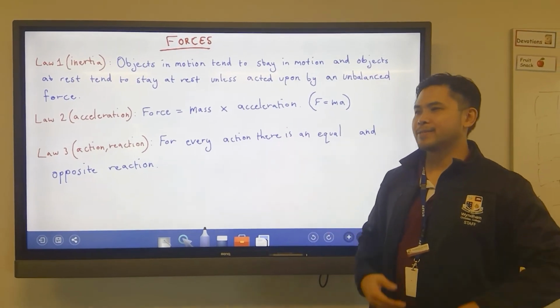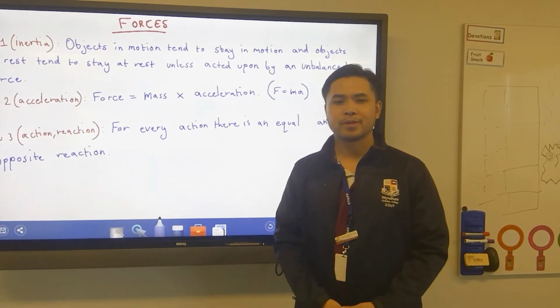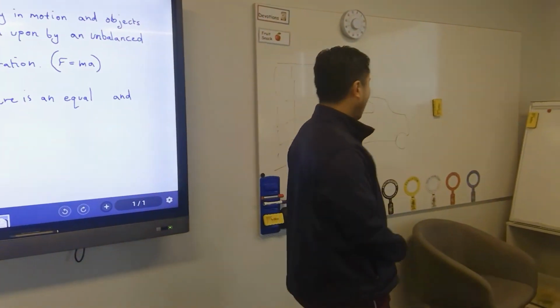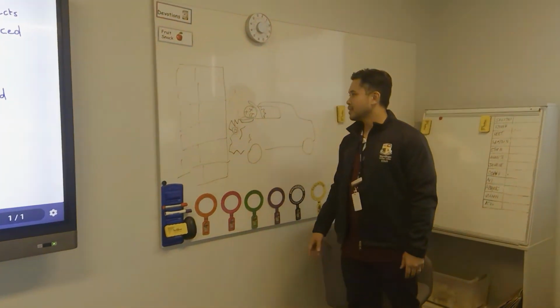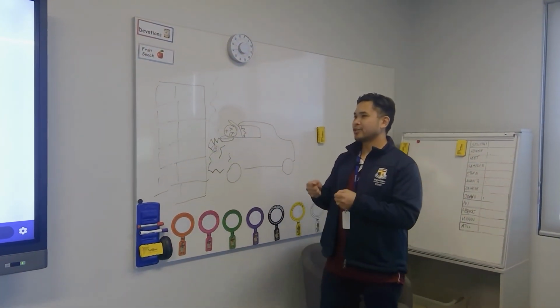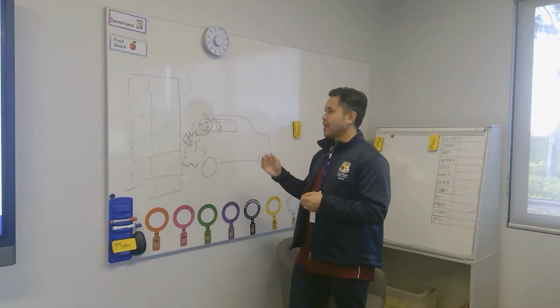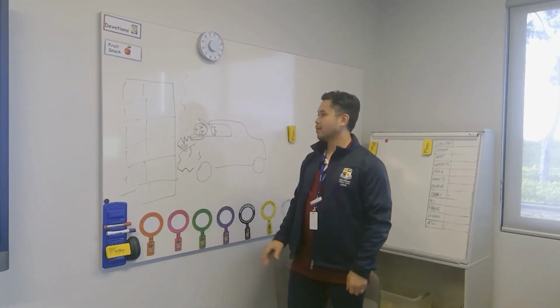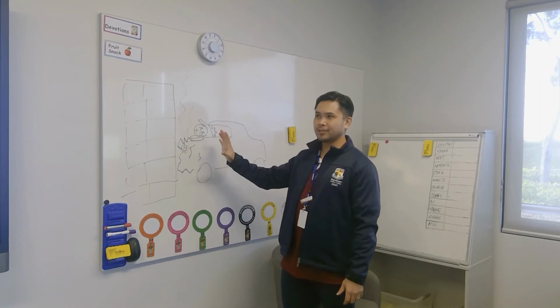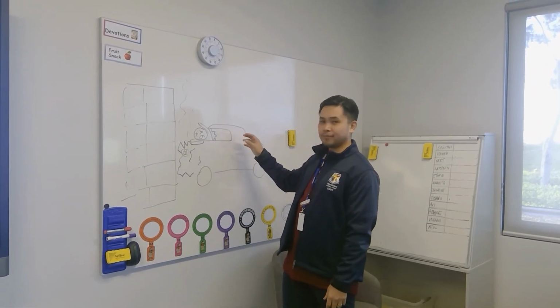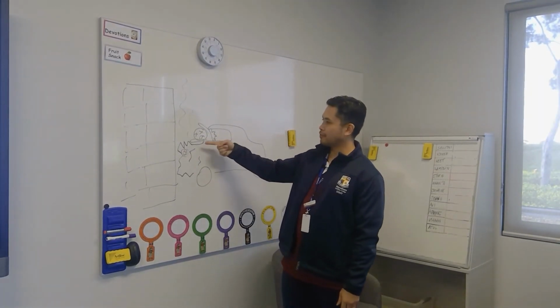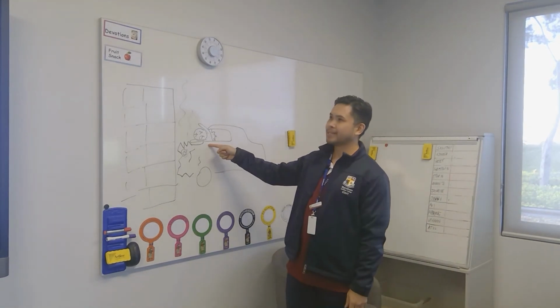Now what does that mean? Well, to illustrate it further, let's look over to this whiteboard for an example. So you're driving in the car, driving along, you're not looking, and you hit a brick wall. What happens? The car stops, but if you don't have your seatbelt on, you're going to go flying out the window like this guy.